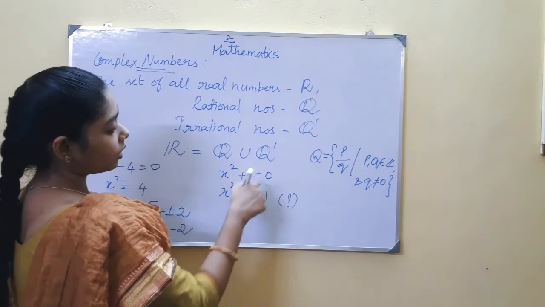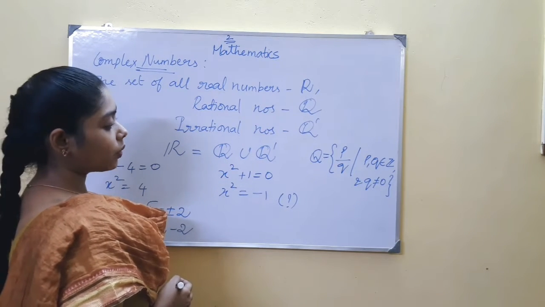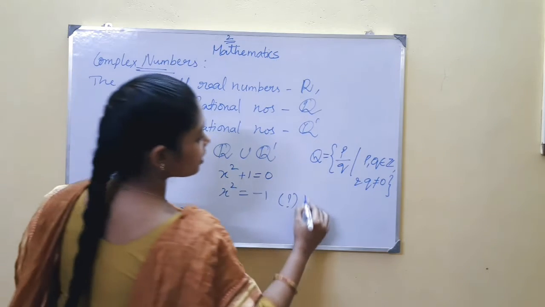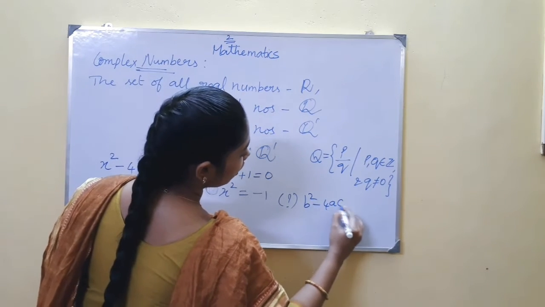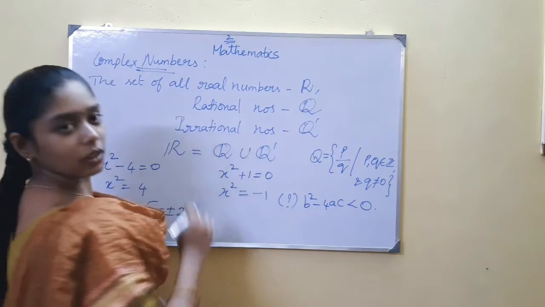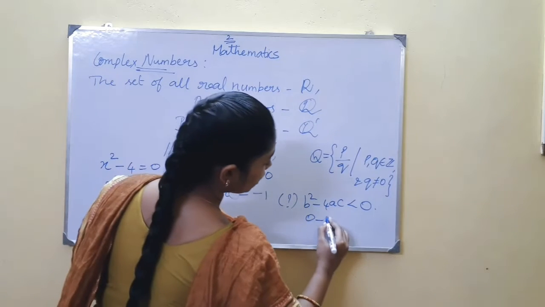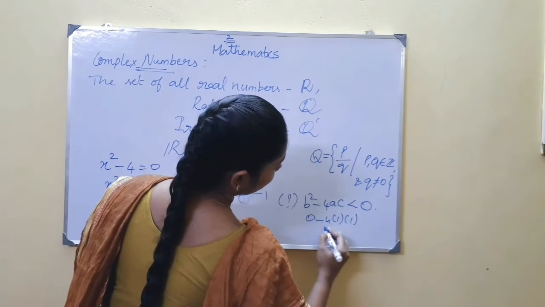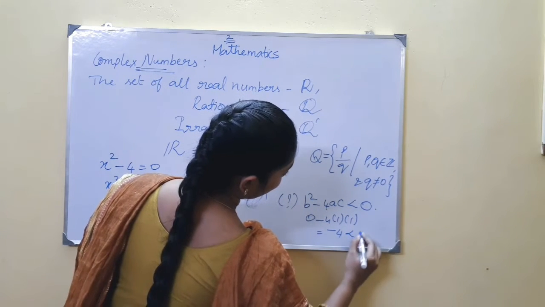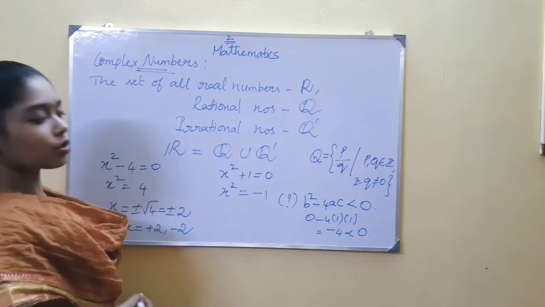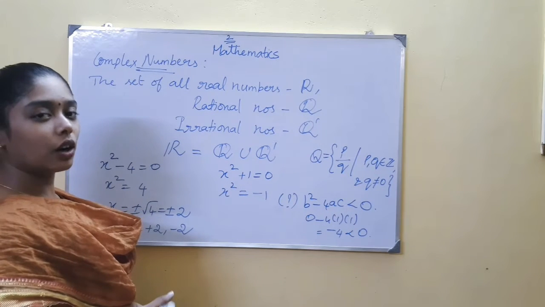What is the discriminant value for this quadratic equation? B square minus 4ac here is less than 0, because 0 minus 4 into 1 into 1, so minus 4 is less than 0. So it has no real roots.